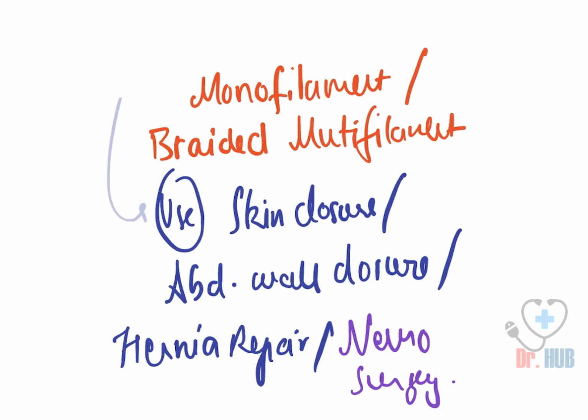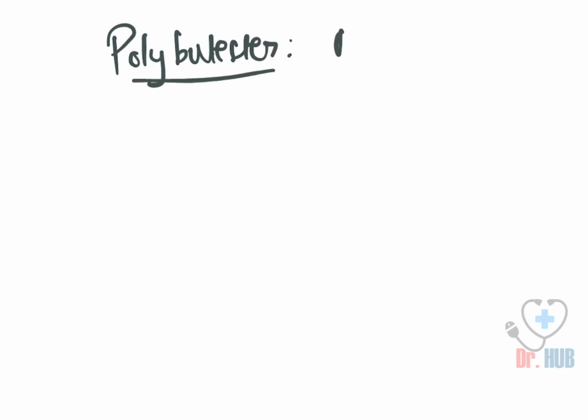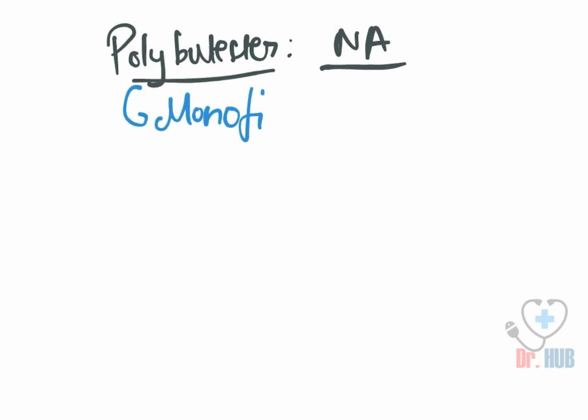So after this, we will look at the polybutester. So what is the polybutester? Again, it is a non-absorbable suture material, and it is a monofilament. So what is the use of this polybutester?